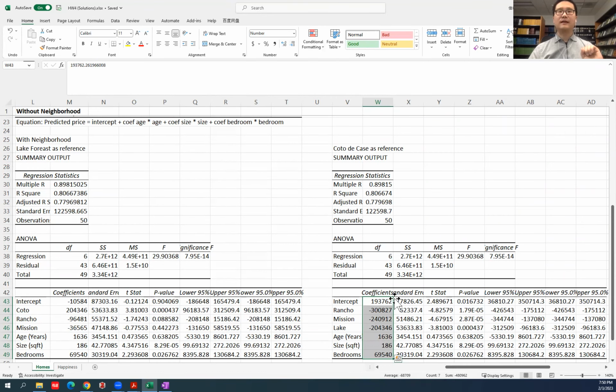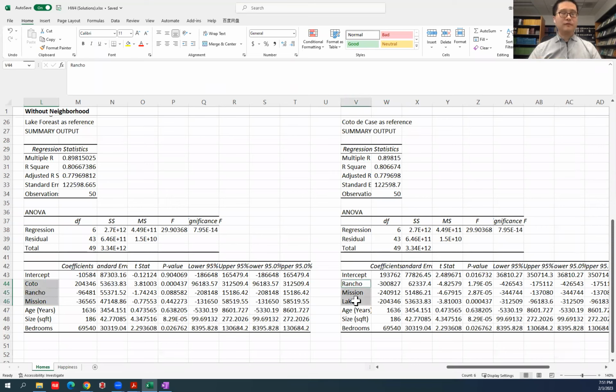So 6 predictors in total. However, in the second model, I used Coda de Casa as the reference level. That's where I also have 6 predictors, but one of them is different. So in the second model, I have these columns as the predictors. They are shown very specifically here.